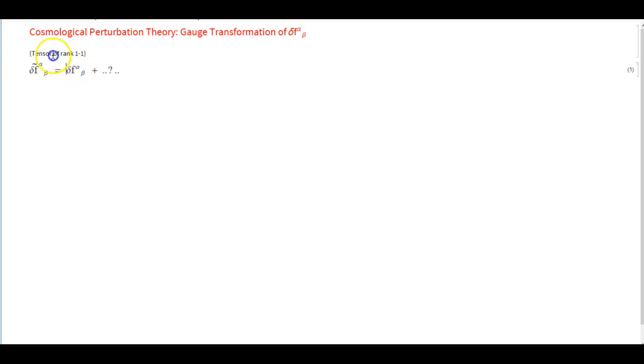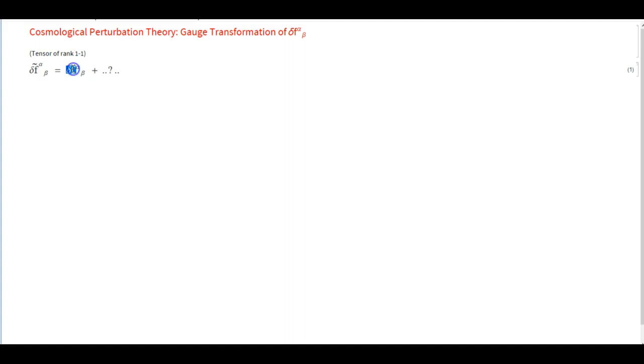So in other words, we have this perturbation delta F alpha beta in gauge 1. Remember that in the beginning of the course, we described gauge 1 with the caret on top, and then later after we formulated some helpful equations to simplify the notation, we decided to drop the caret.